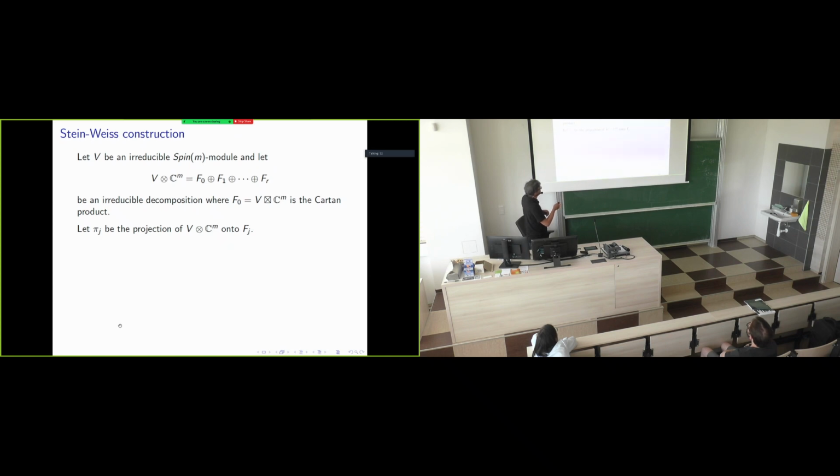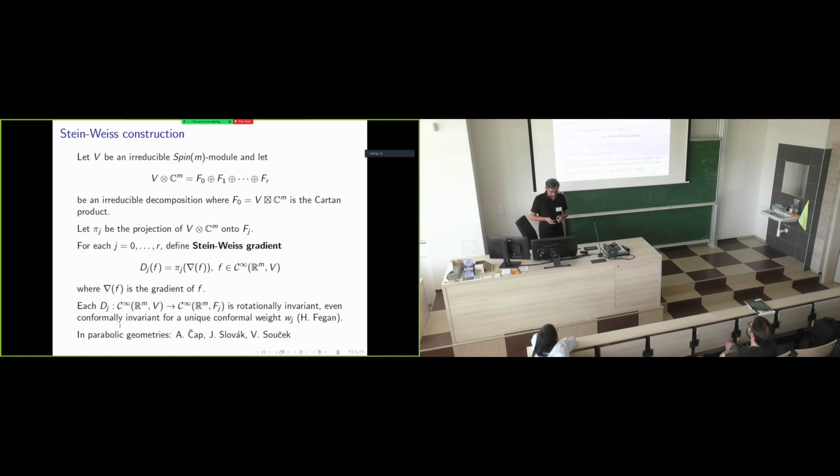is the Cartan product of V and Cm. It's a unique irreducible submodule with the highest weight equal to the sum of highest weights of V and Cm. And we denote by pj the projection of this tensor product onto the corresponding piece Fj. Then for each j, we define the Stein-Weiss gradient dj as the composition of this projection pj with the gradient.